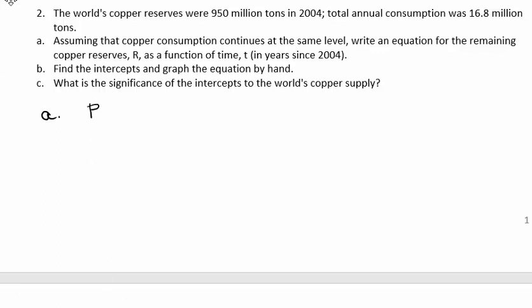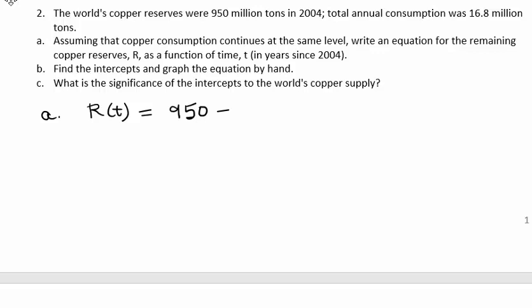So R of t is my function. The reserves started at 950 million, so 950 minus. Because it's decreasing, that's why I'm putting a minus, and total annual consumption is 16.8 million tons.